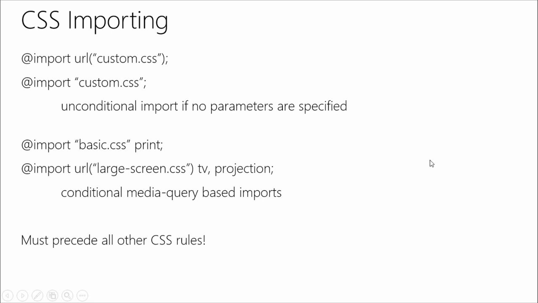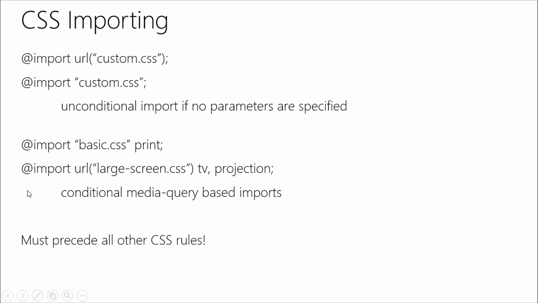And you can import them in a couple ways. You can import them using the URL function tag, or you can just do the straight string for their location. And these would just be unconditional imports because there are no parameters that we specified.